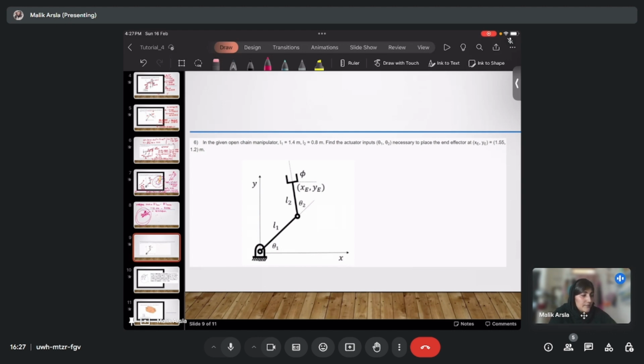You have been given the end effector coordinates, you have been given the link lengths. All you need is to find out theta 1 and theta 2. So please do it by yourself. I'll not spend much time on this question because it is very straightforward. So try to do it and put your answers in the chat box, and I want every one of you to do it.